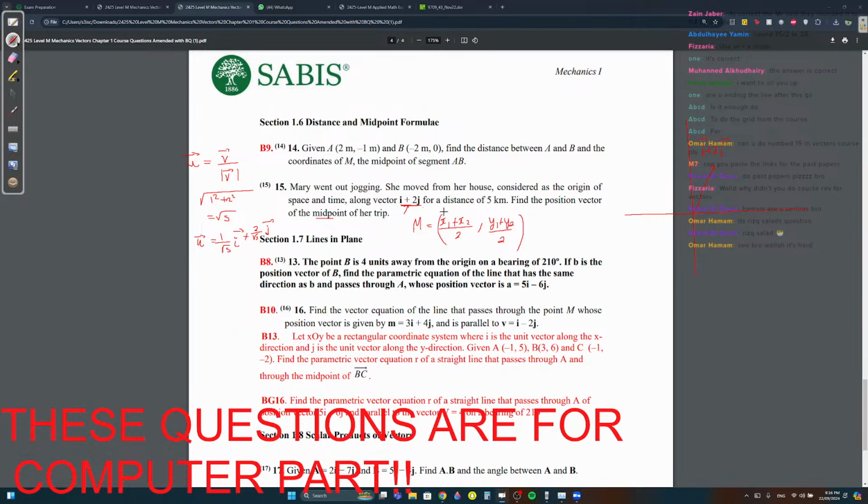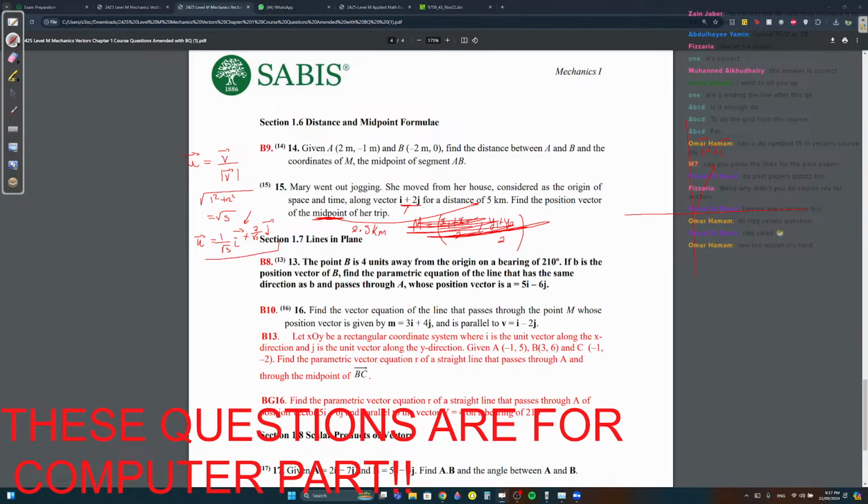Now we know that she reaches the midpoint. Very easy. When you find the unit vector, just multiply by the scale, by how much you want. Since she's reaching the midpoint, that means she's traveling 2.5 kilometers.